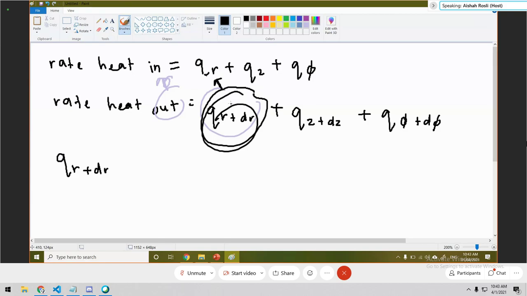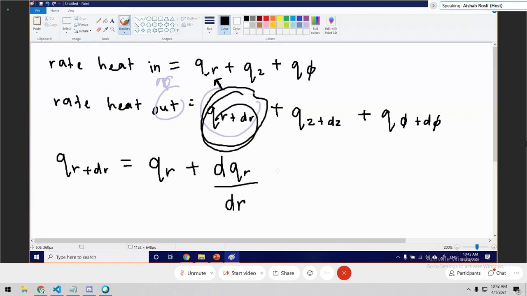Okay, so it is equal to Qr plus dQr over dr times dr, the change in heat in the r direction. The way to explain this is that dr can be eliminated by dr, right?